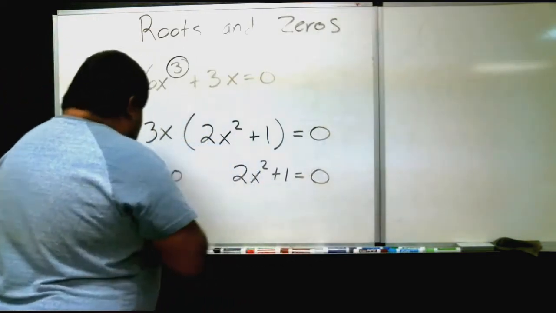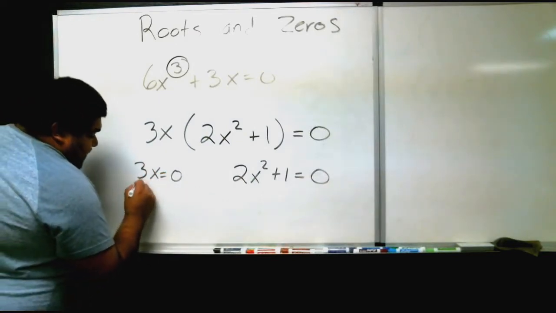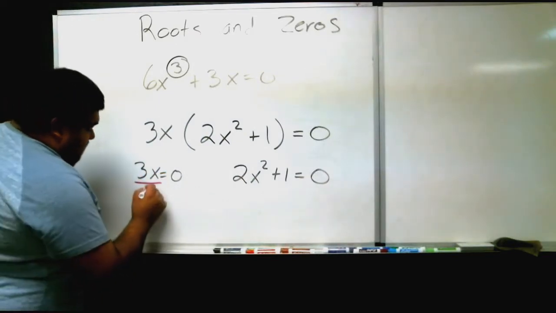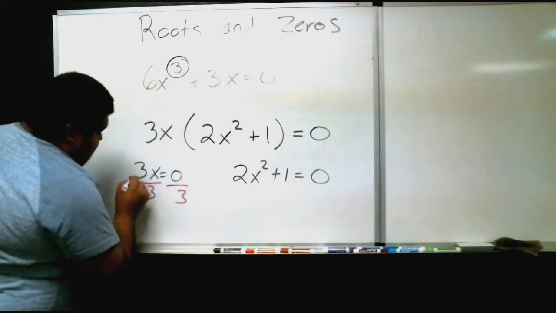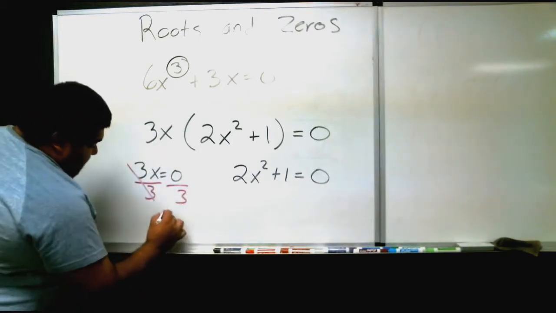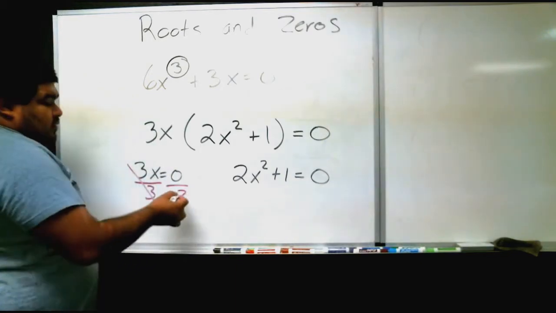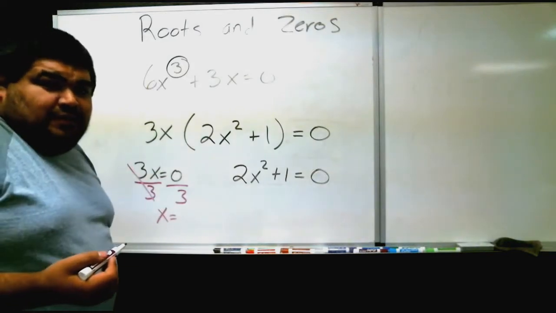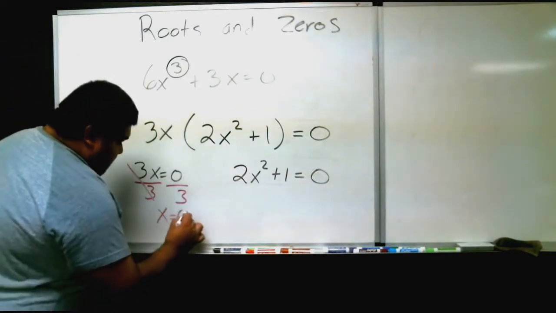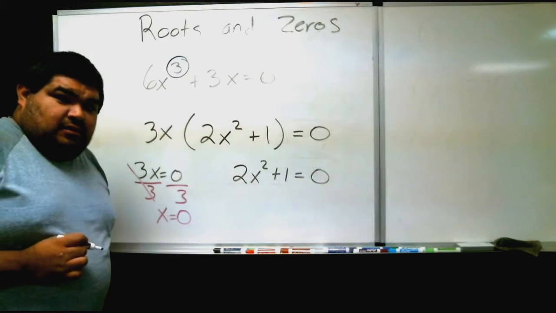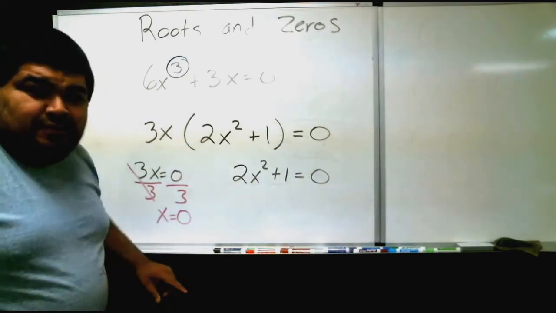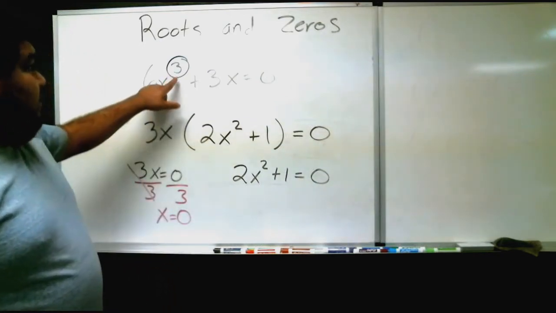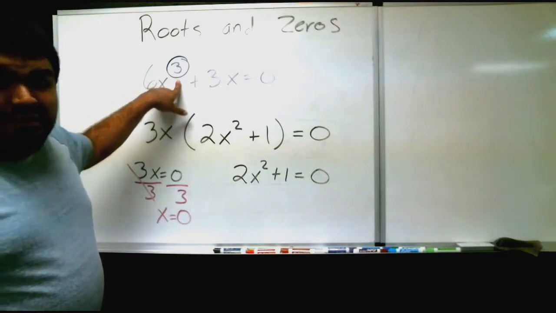So we're gonna divide by 3 to leave x alone on both sides, so it cancels out. So x equals 3 into 0, which is 0. So we have one answer, x equals 0. But remember, we have 3 possibilities.